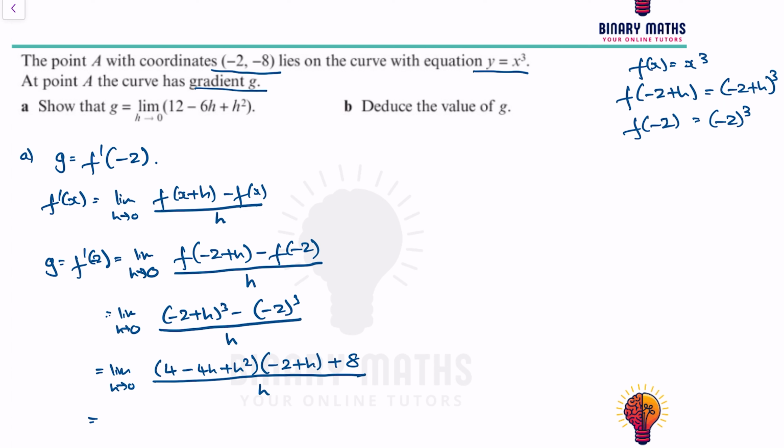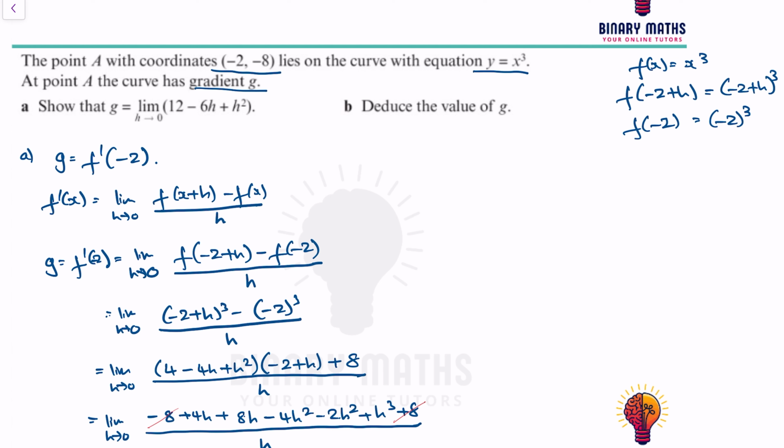If we continue expanding, it becomes the limit as h tends to 0. From the first, we get -8, 4 times -2, plus 4h, plus 8h, minus 4h squared, minus 2h squared, plus h cubed, plus 8, all over h. I can clearly see the -8 and the positive 8 cancel out.